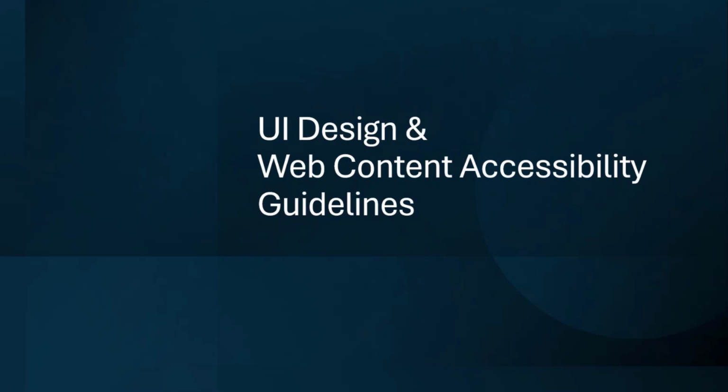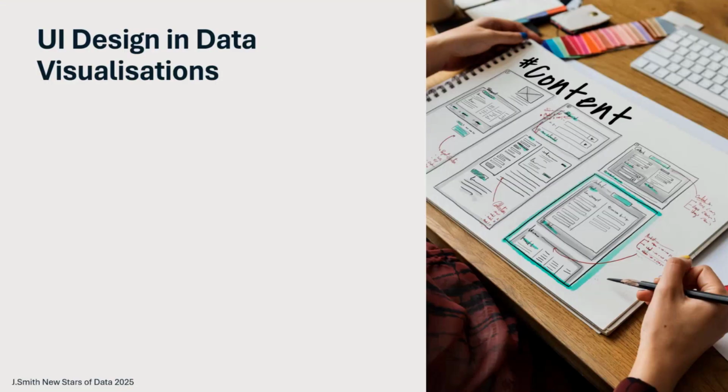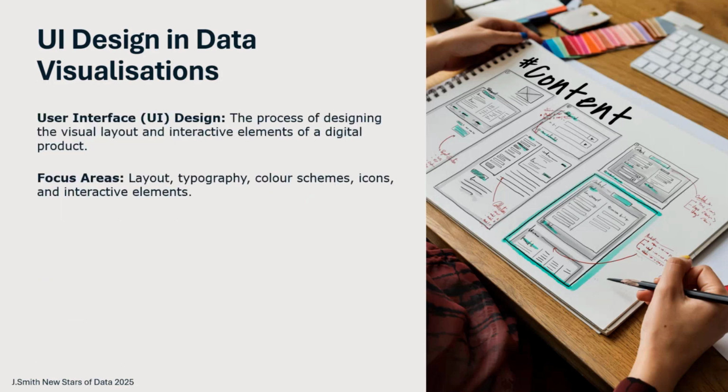So right, now we understand some of the challenges. I'm sure there are more. Let's now try to understand what is UI design and the Web Content Accessibility Guidelines. User interface design, or UI design, is the process of designing the visual layout and interactive elements of a digital product.